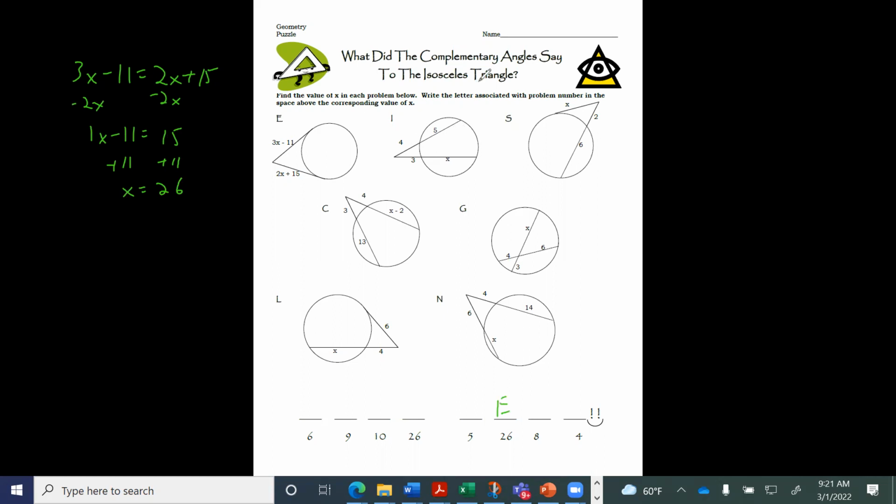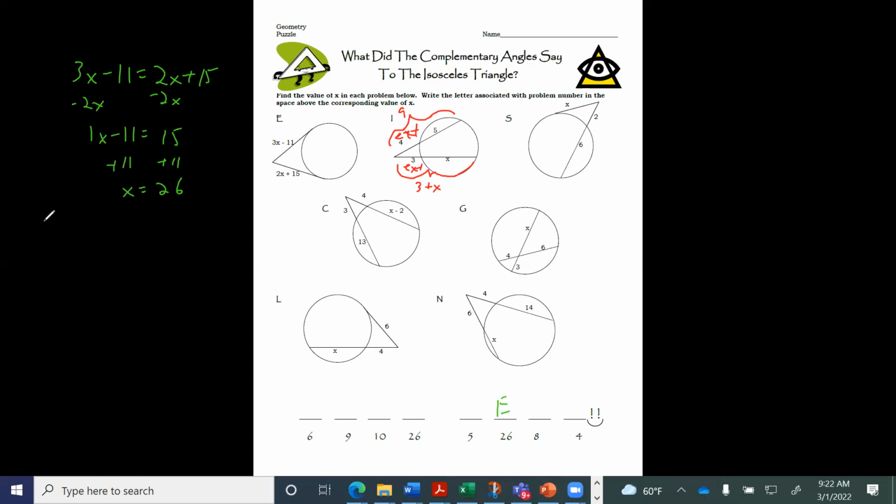Then we had, on the next one, I, we have 4 is the exterior. 3 is an exterior. And then we have the whole is 9. And this whole is 3 plus x.